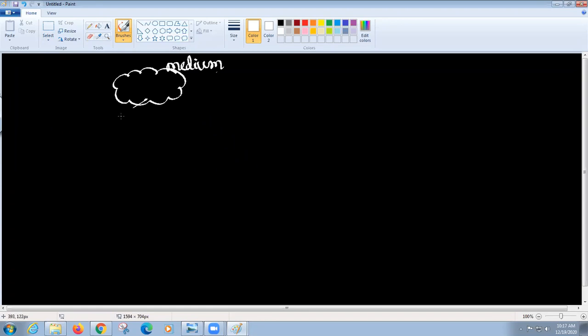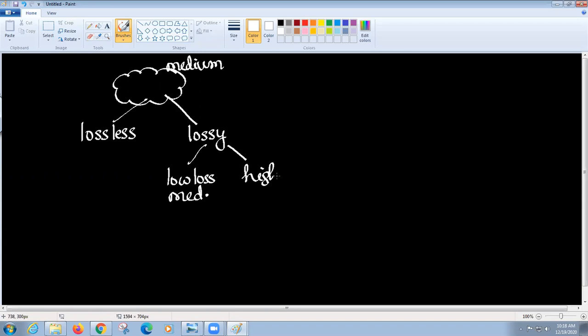Okay. Now medium could be lossless. This is the ideal case. This is lossy. So when it is lossy, again you have a low loss medium, and again we can take another case, that is a high loss medium.